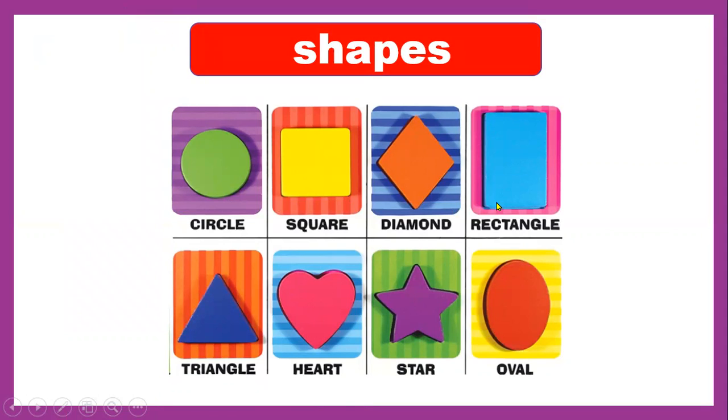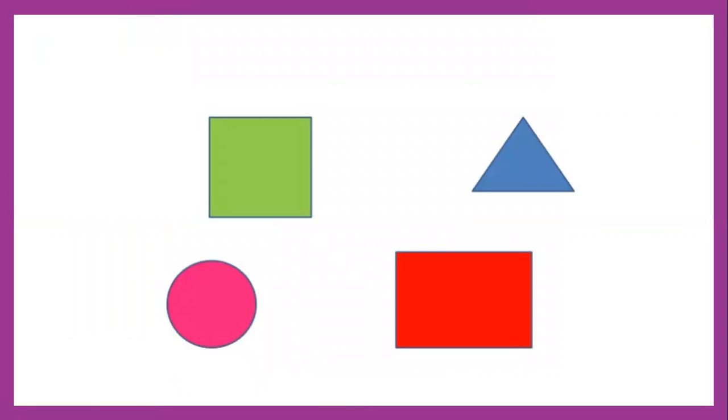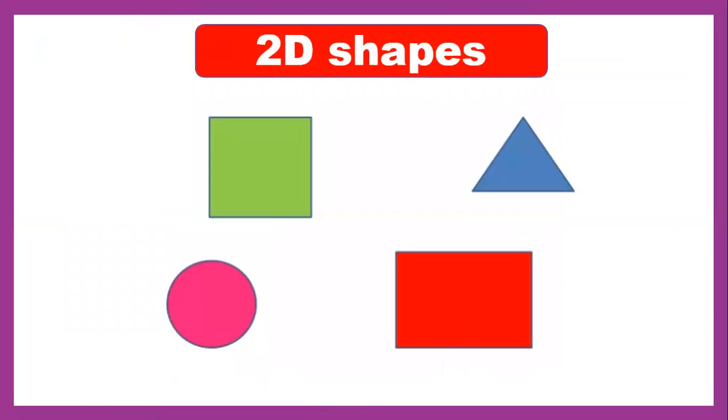But today we will talk about only four basic shapes. The first one is square, triangle, circle, and rectangle. So we call them 2D shapes because we can see only the width and the height. The width from left to right and the height from top to bottom. So these are the 2D shapes.